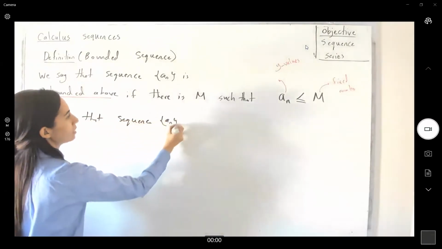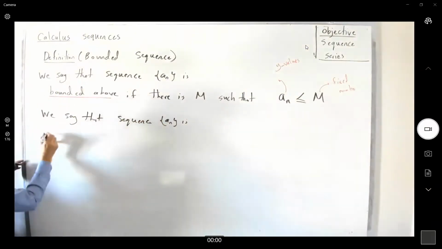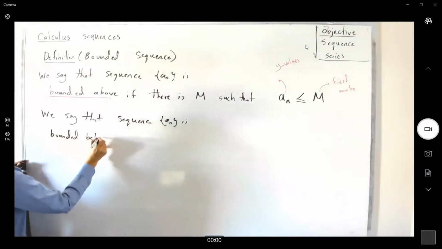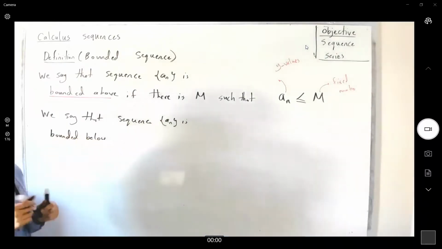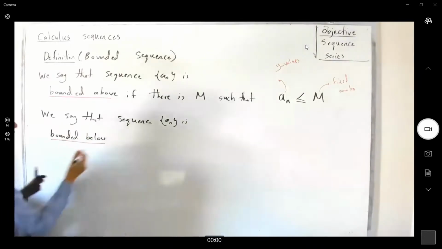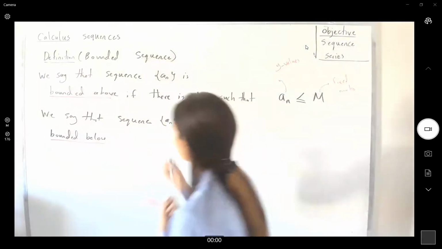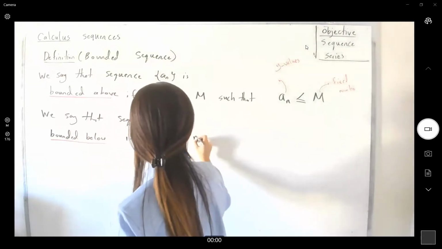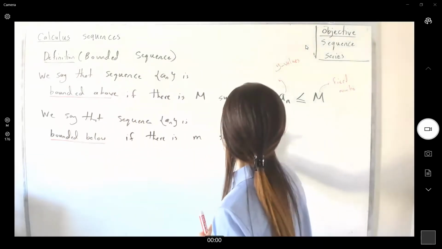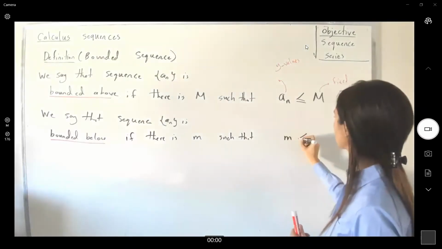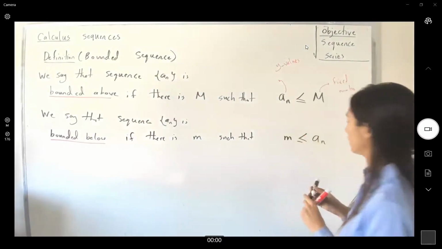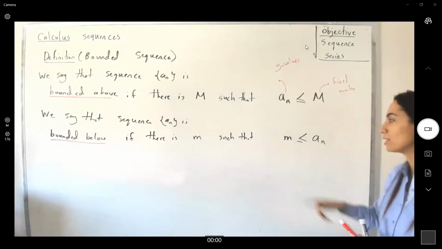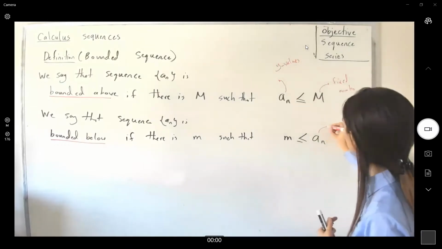a sub n is bounded below if you can find a fixed number or a constant function, if there is m such that m is less than or equal to a sub n. All the y values, all the terms of your sequence are greater than or equal to a fixed number.